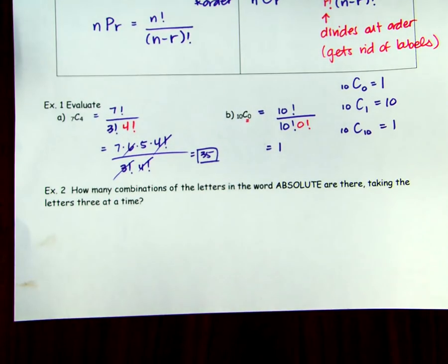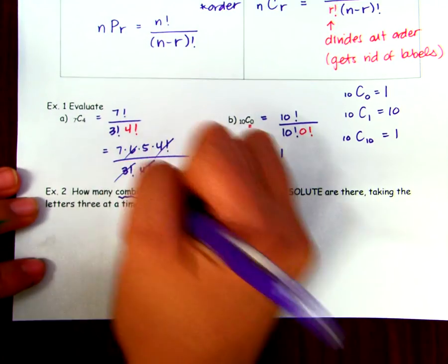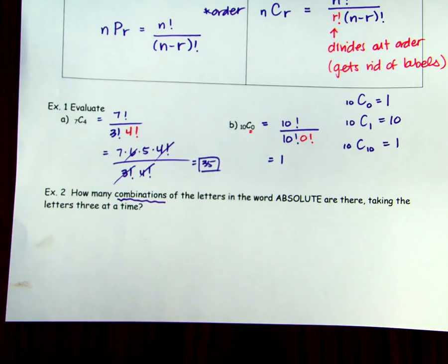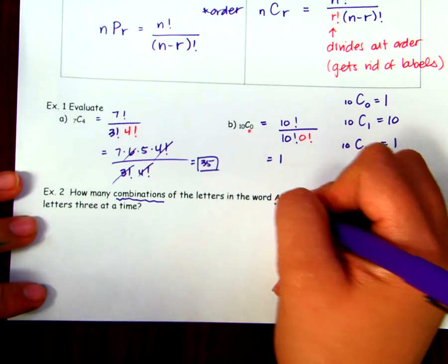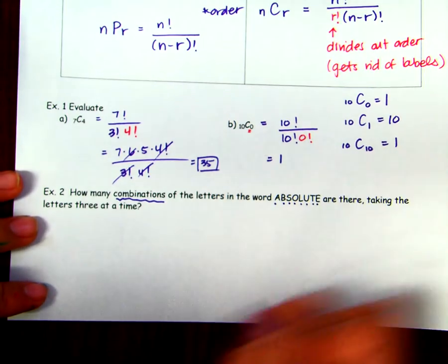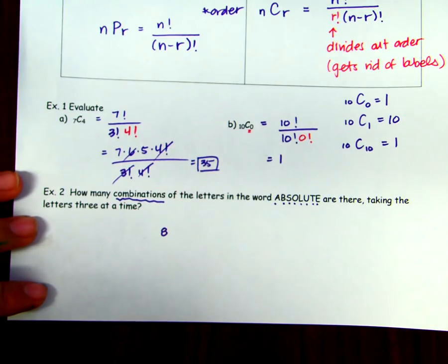How many combinations, keyword combinations, of the letters in the word absolute are there, taking the letters 3 at a time? So in this case, we have, well, how many letters do we have? 1, 2, 3, 4, 5, 6, 7, 8. I have 8 letters, and out of the 8, I'm looking for how many combinations I can make, only picking 3 at a time.